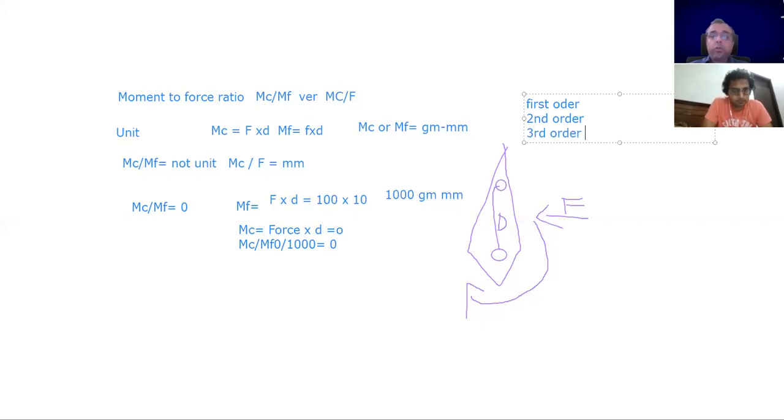So the moment to force ratio for canine retraction is different from that for the incisors, because canine is second order and incisor retraction is third order.